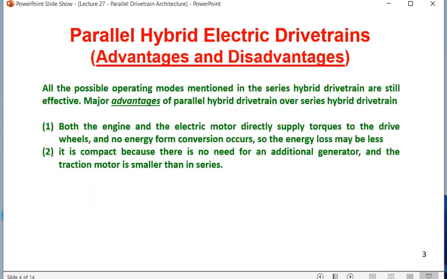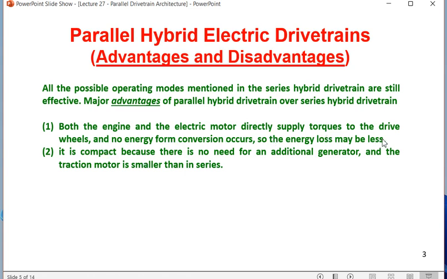What are the advantages of parallel hybrid electric drivetrain? All the possible operating modes mentioned in the series hybrid are still effective. There were 9 modes, and all 9 modes are possible in case of parallel hybrid. More advantages of parallel hybrid drivetrain over series hybrid drivetrain are that both the engine and electric motor directly supply torque to the drive wheel.